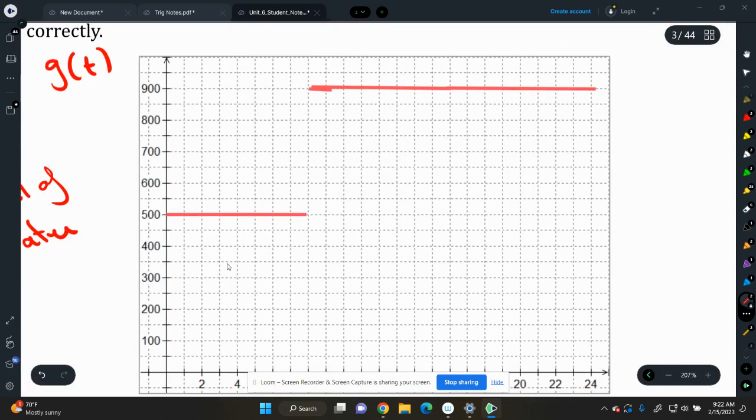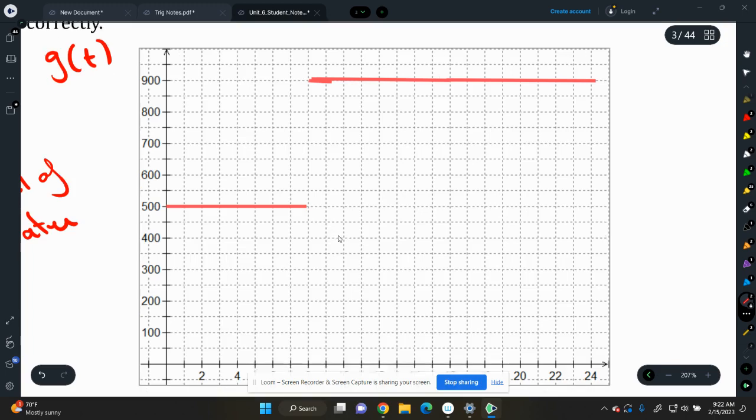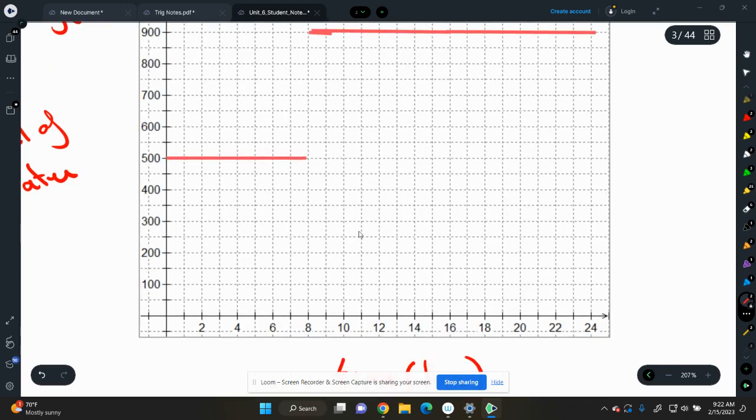So if we look at this, right, if we want to know how many total gallons are removed in the first 8 hours, then it would be 500 times 8. That's going to give me my total gallons of 4,000 gallons.